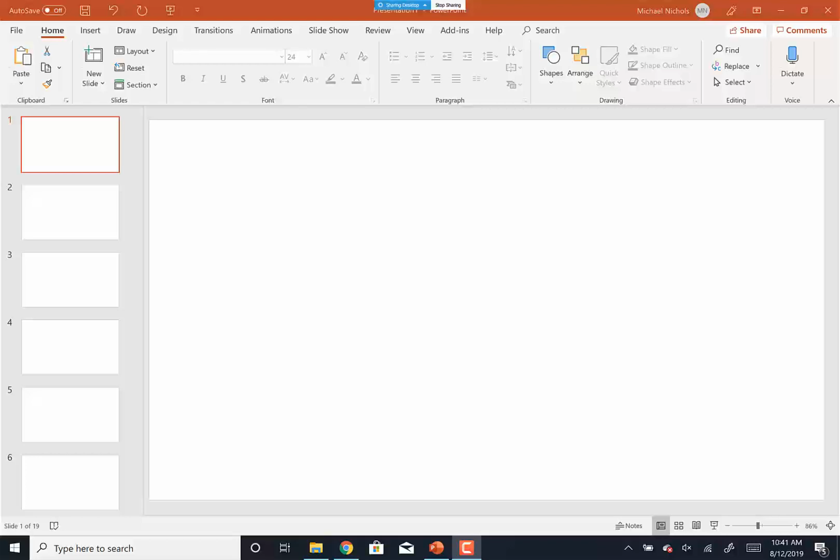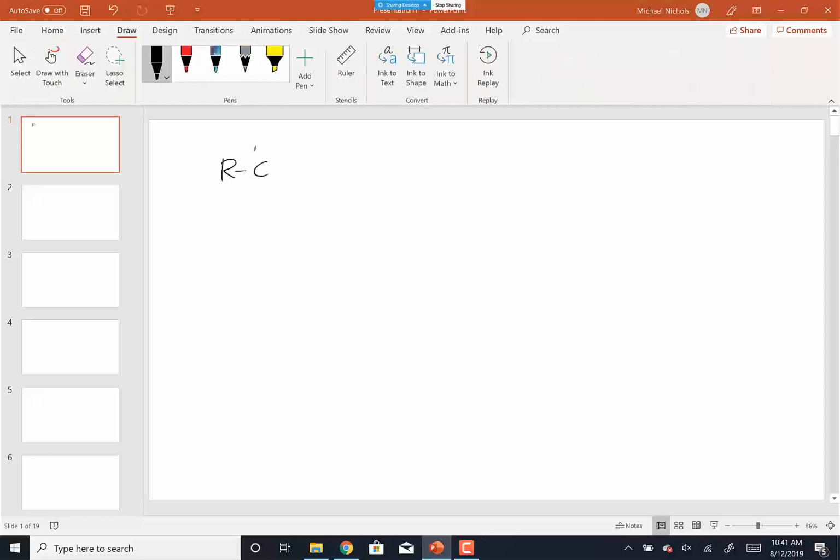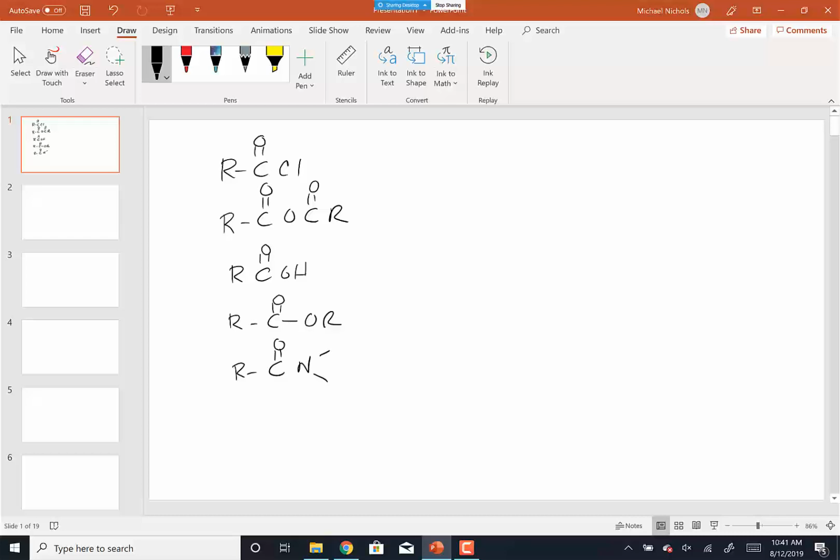So remember, we worked our way to put you back in the organic mindset here. We listed our carboxylic acid and our derivatives in this order from top to bottom, with the bottom being the least reactive and the top being the most reactive.